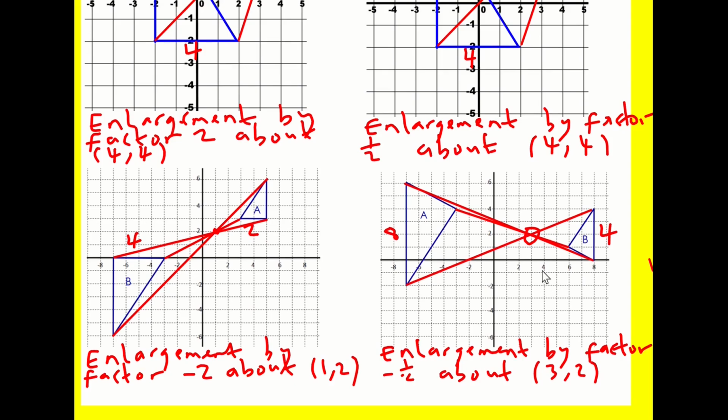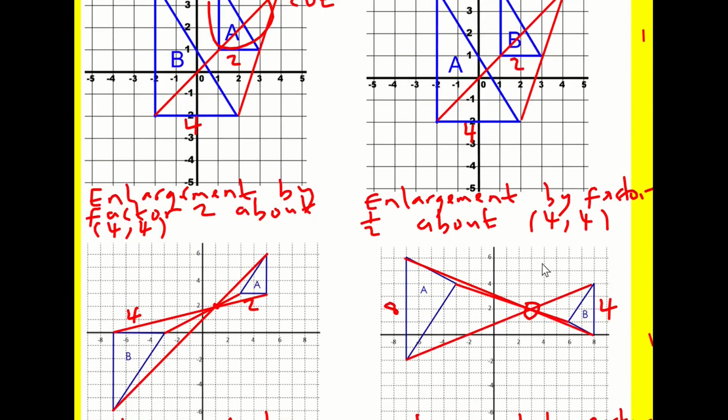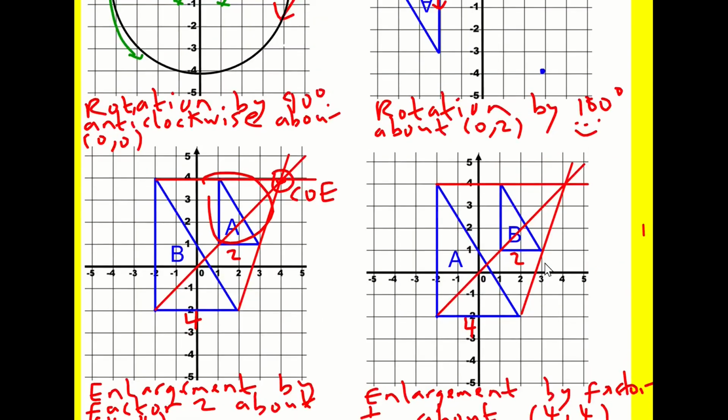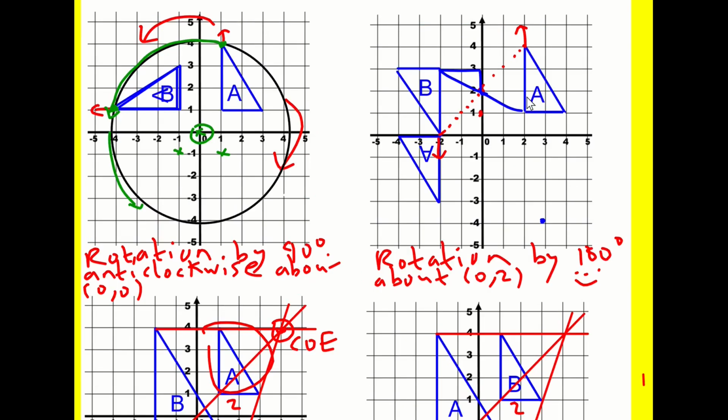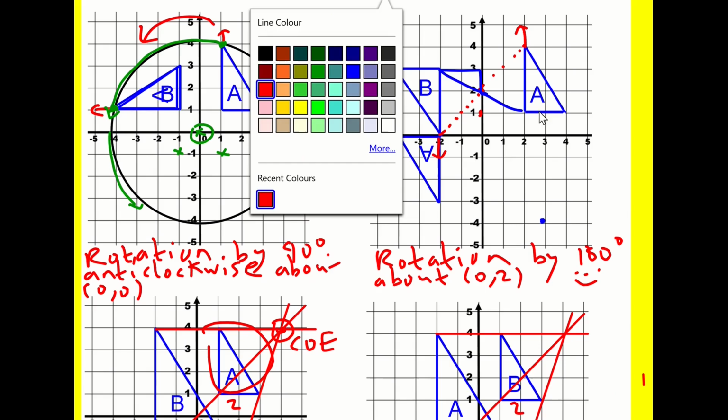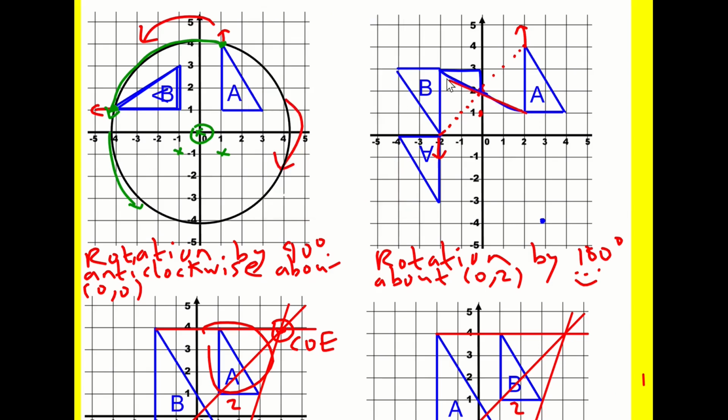I've got one more point to make, and that is about this one up here, when I was doing my rotation. I did talk about this when I did enlargements. Actually, technically, this could also be described as an enlargement. If I draw my ray lines going through it, I see that they all meet up about that point 0, 2.